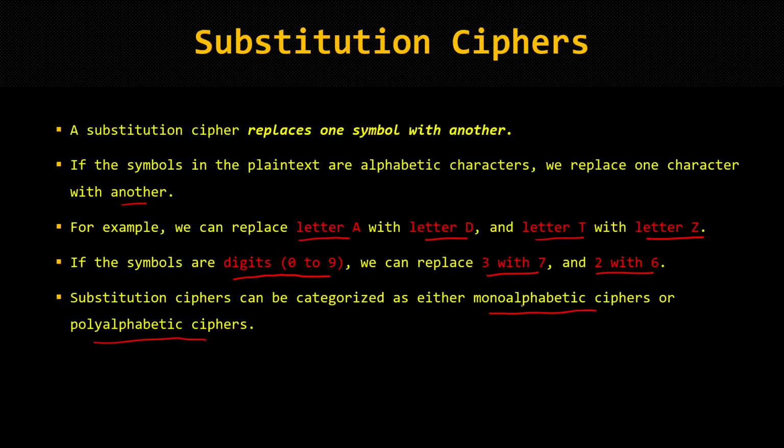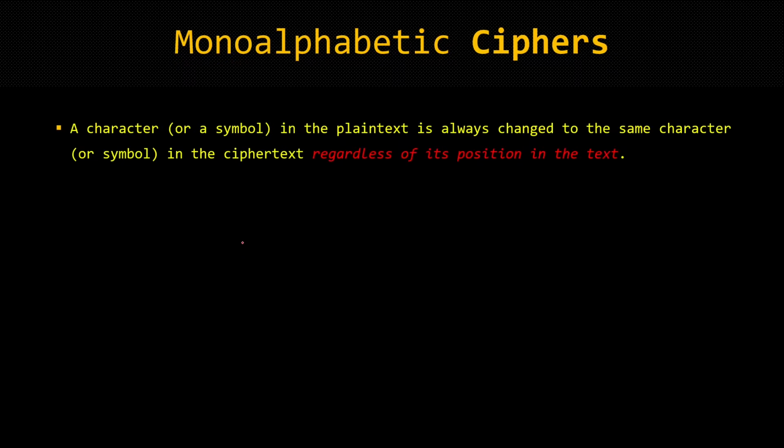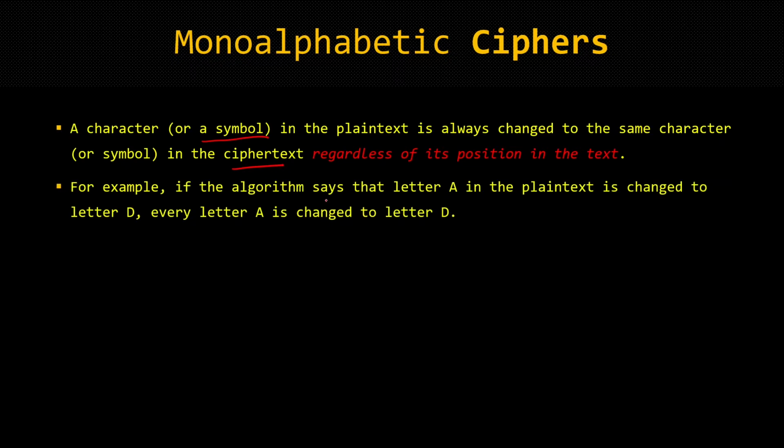Now we will see what these monoalphabetic ciphers are. A character or symbol in the plaintext is always changed to the same character or symbol in the ciphertext, regardless of its position in the text. For example, if the algorithm says that the letter A in the plaintext is changed to letter D, every letter A in the plaintext is going to be changed to the letter D in our ciphertext.